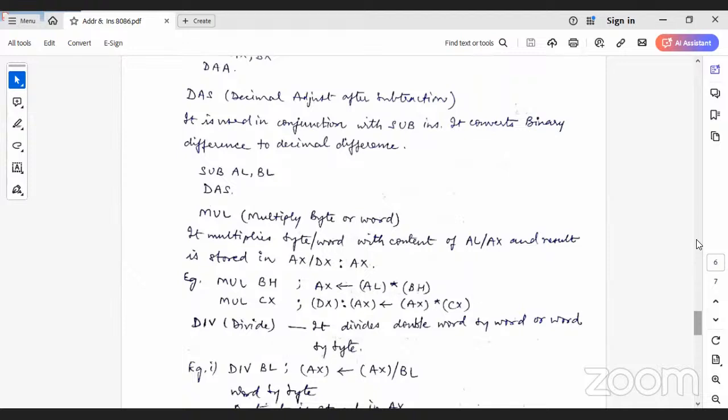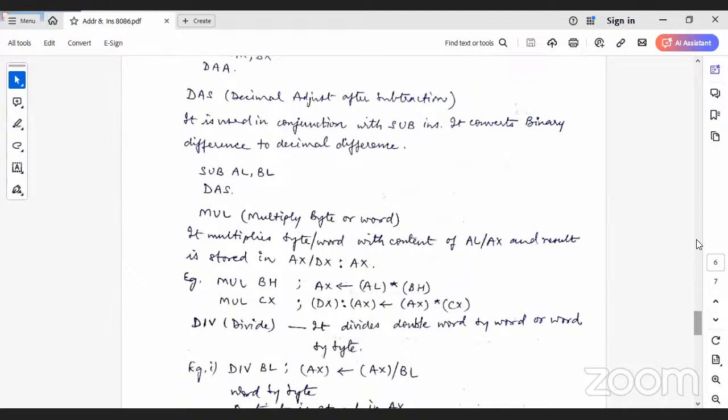Or if it is a word, which means more than 1 byte, 2 bytes can also form a word. So hence it is written byte/word with the contents of AL or AX.